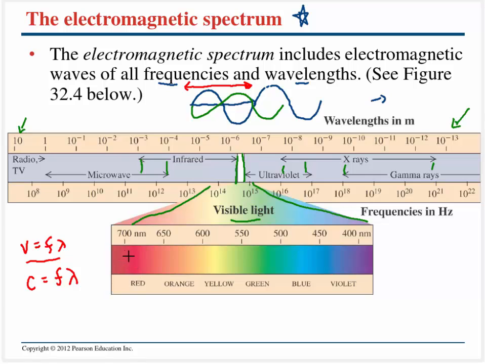And you can see the standard ROY G. BIV going across here from regions of low frequency to regions of high frequency, which is regions of high wavelength to regions of low wavelength.